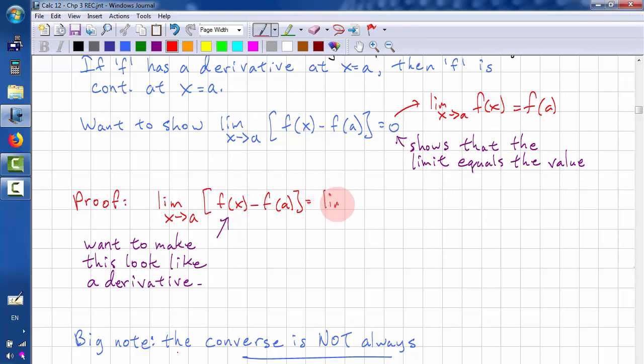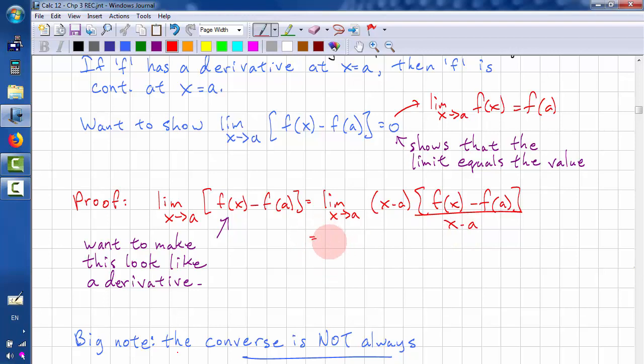So limit x approaches a, and we're going to multiply this by x minus a over x minus a. And when we have this, we're multiplying by 1. So we're not changing the expression.